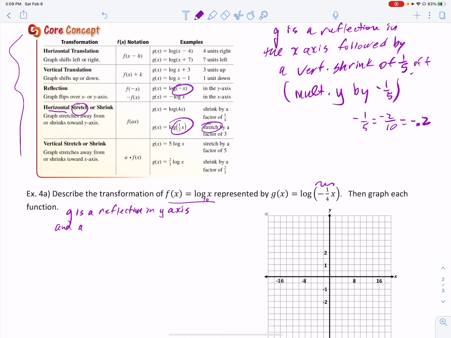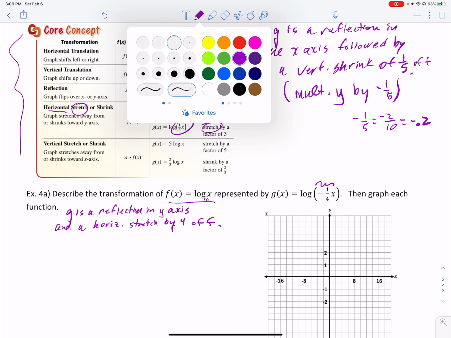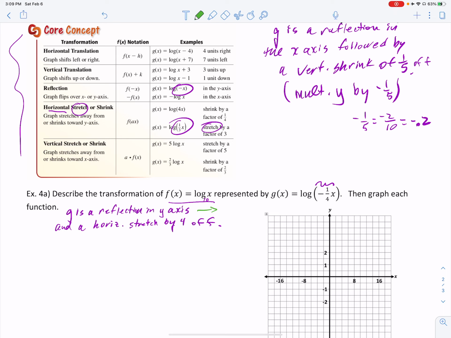and a horizontal stretch by 4. You have to flip the 1/4. It's by 4 of f. So the reflection in the y-axis, you multiply x by -1.